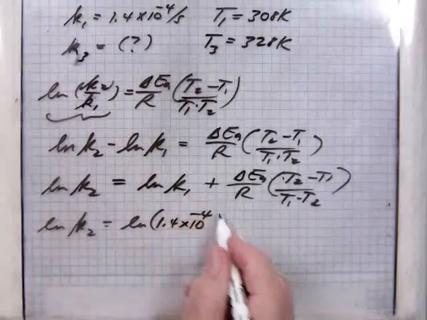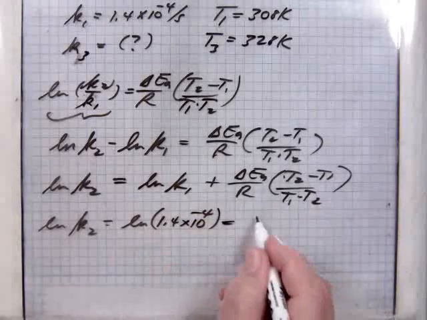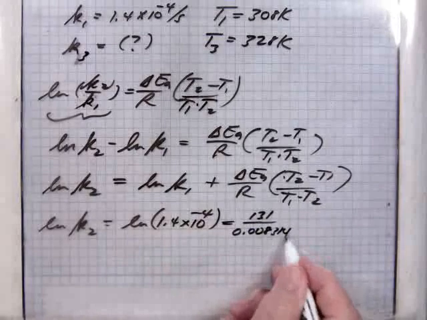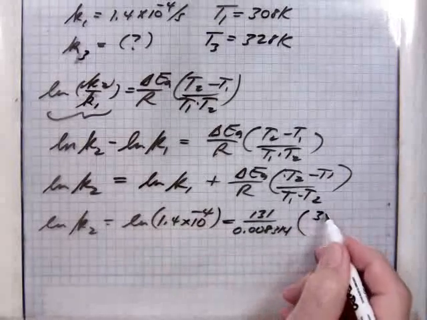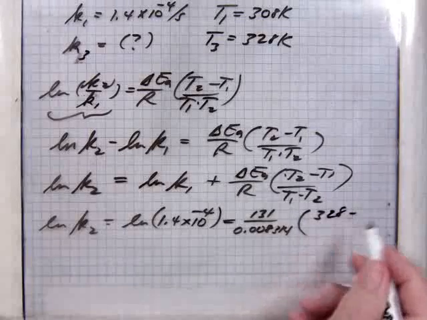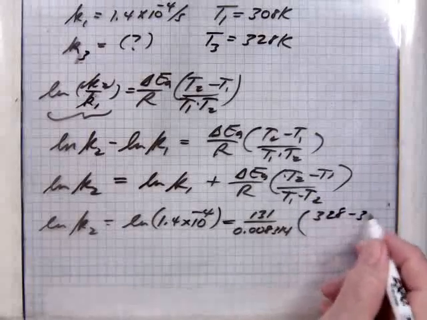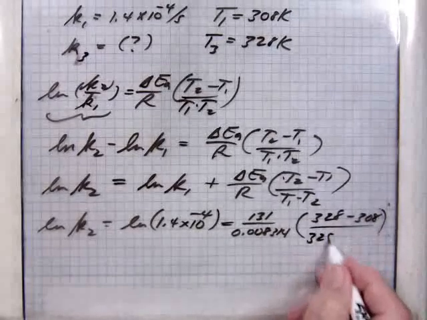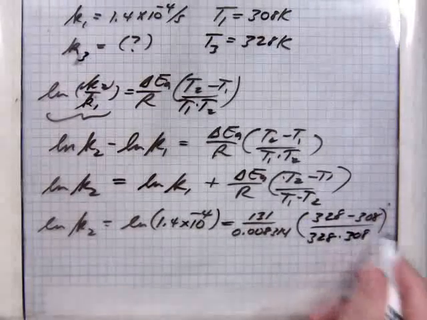I'm not going to put the units in right now. That's 131 over 0.008314, times 328 minus 308 divided by 328 times 308.